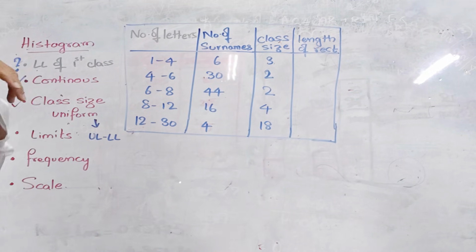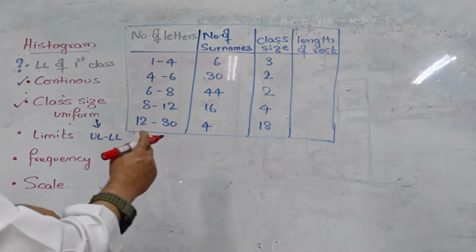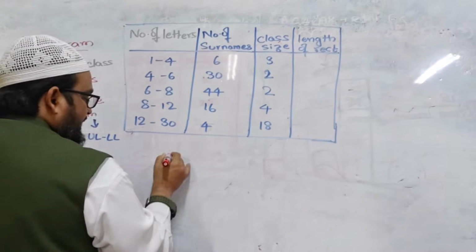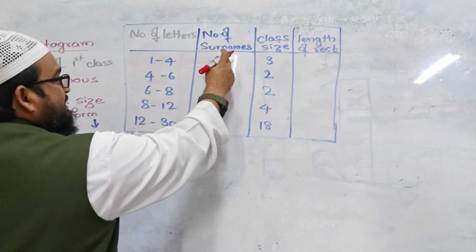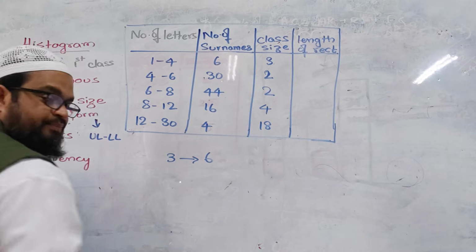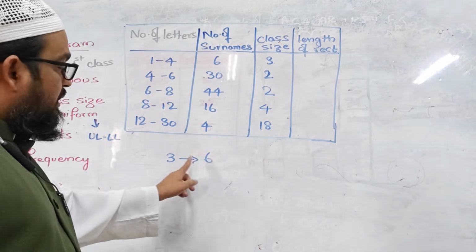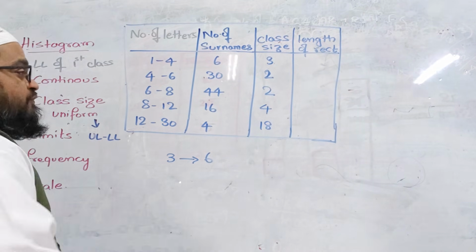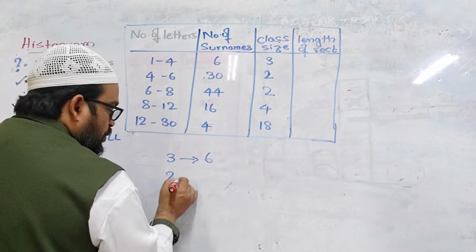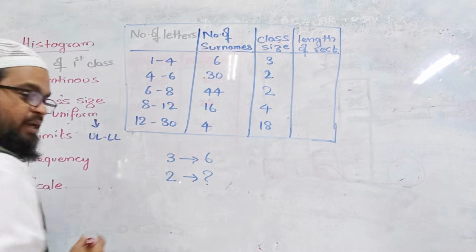For example, for class size 3, the frequency is 6. For class size 2, how much should it be?